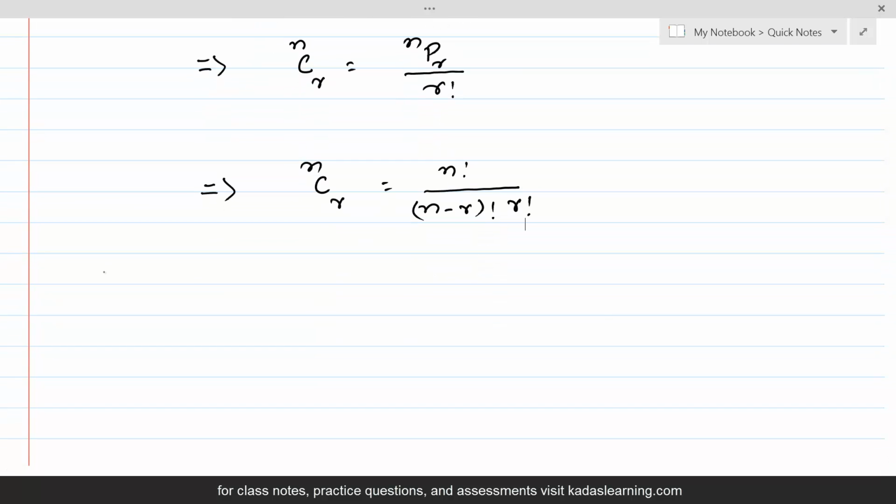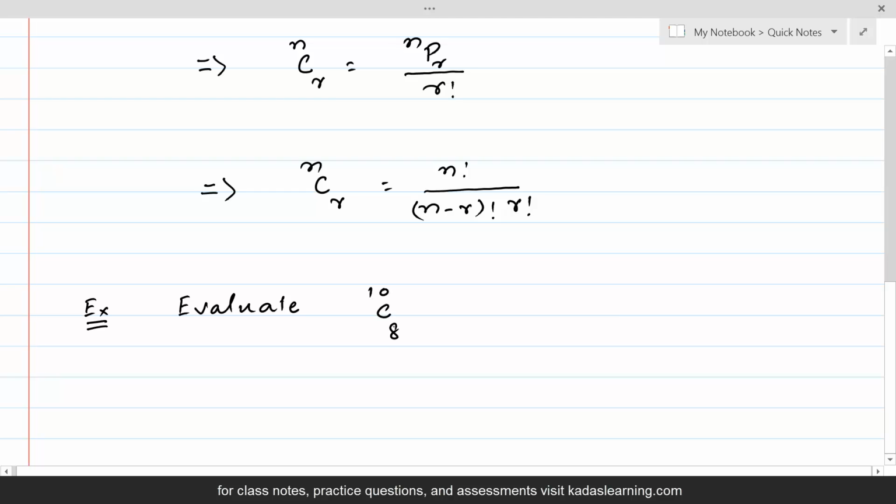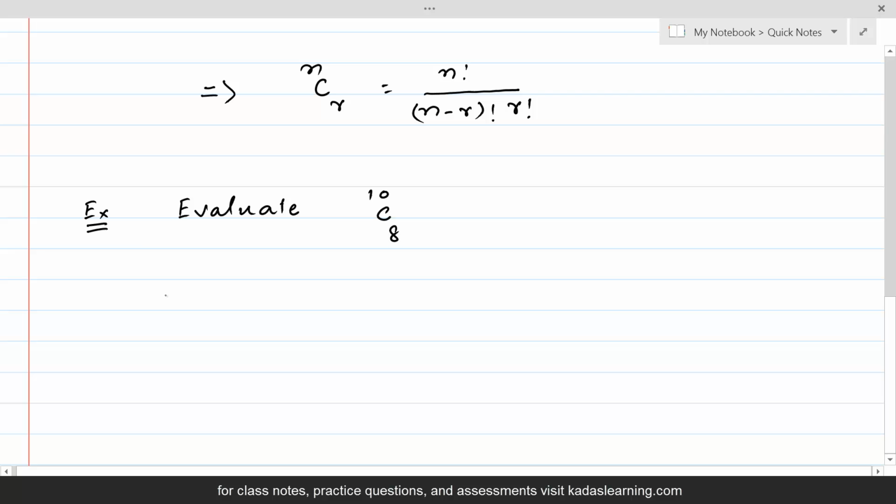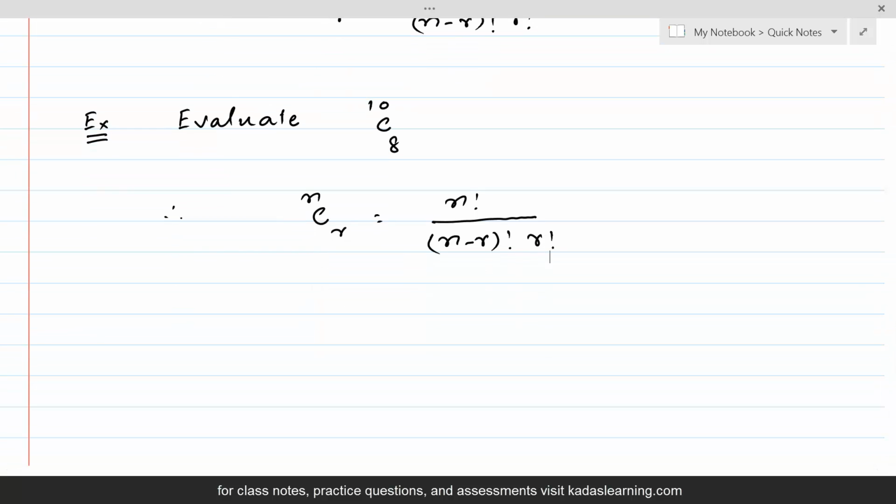The example is: find the number of ways, or evaluate, 10C8. If we want to evaluate 10C8, then according to the formula, since NCR is equal to N factorial divided by N minus R factorial times R factorial, here N is equal to 10 and R is equal to 8.